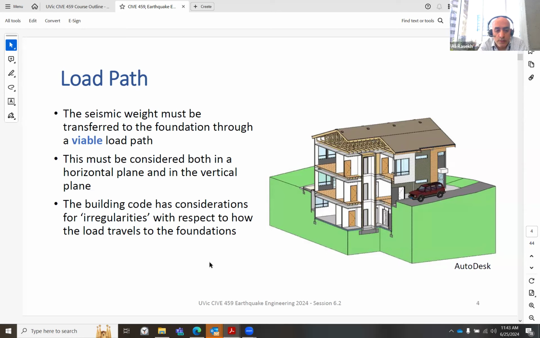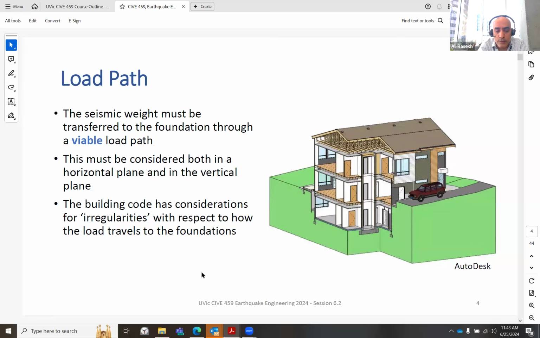The building code has consideration for irregularities with respect to how the load travels to foundation. So the code is normally more stringent when there are irregularities.